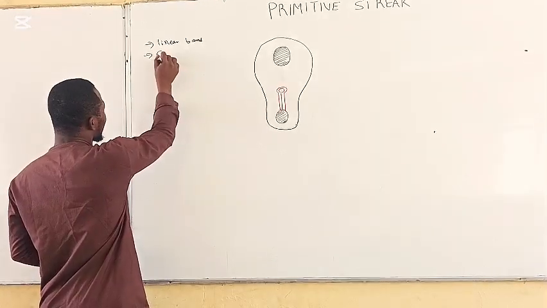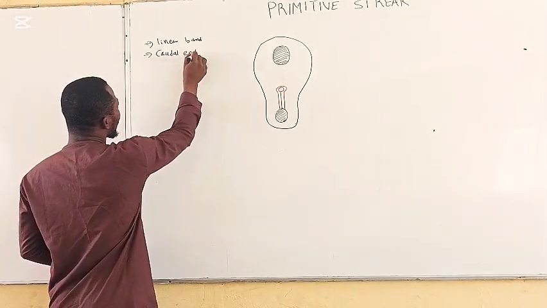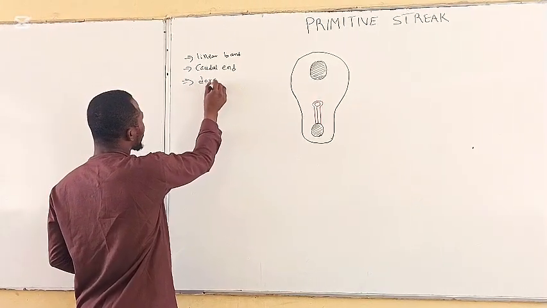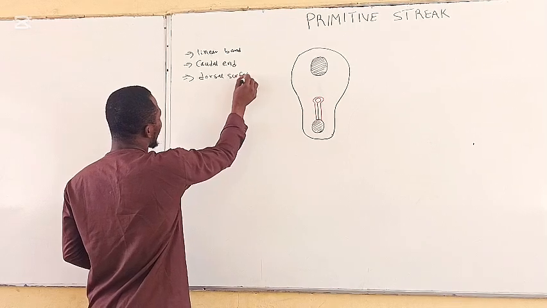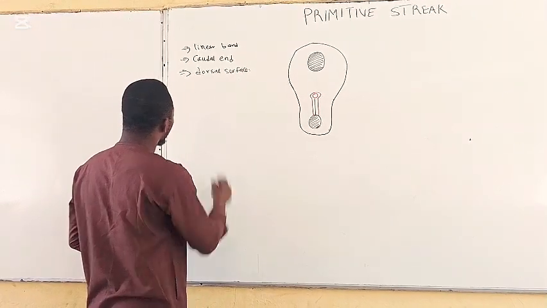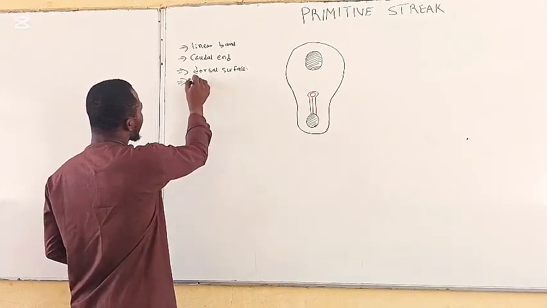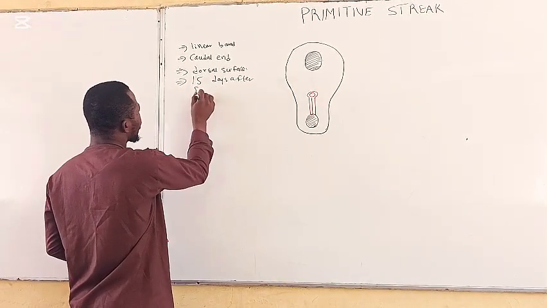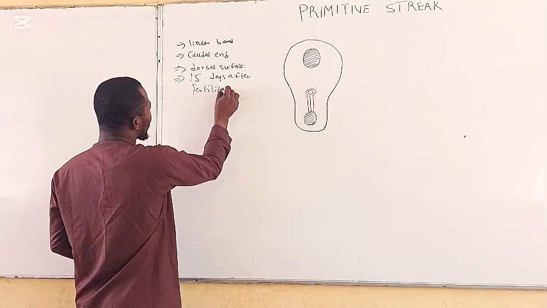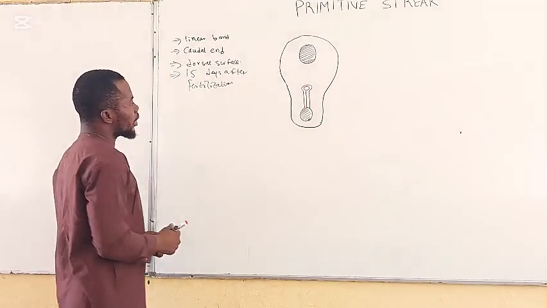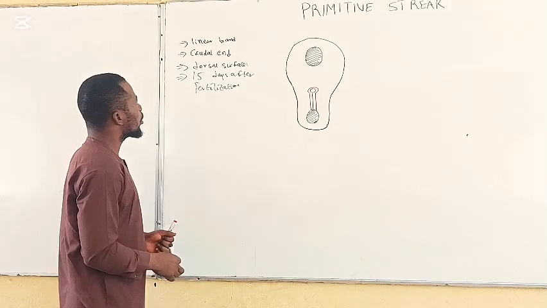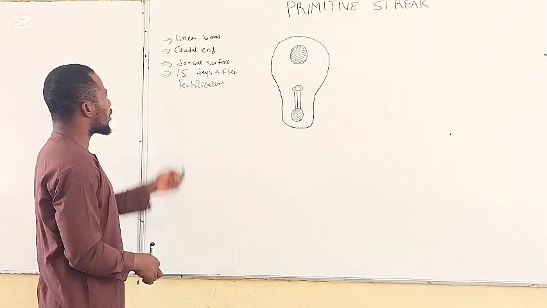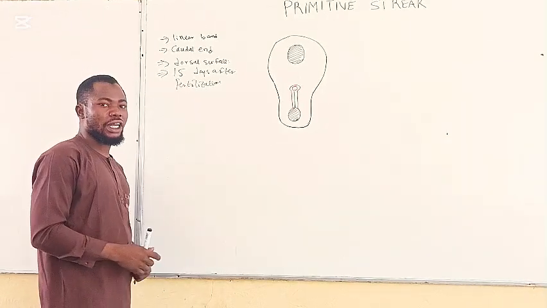It is located at the caudal end of the embryonic disc, on the dorsal surface of the embryonic disc. Also, it appears 15 days after fertilization. So we should know that it is a linear band thickening of cells located at the caudal end, dorsal surface of the embryonic disc, and it appears 15 days after fertilization.